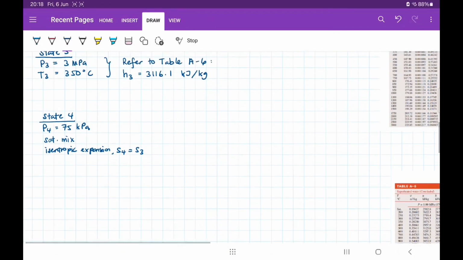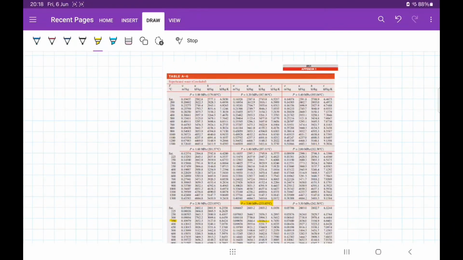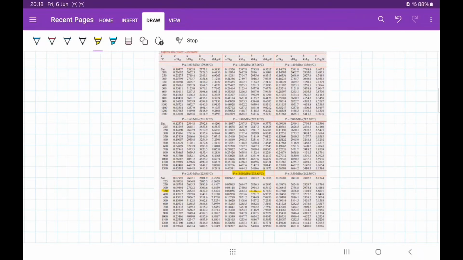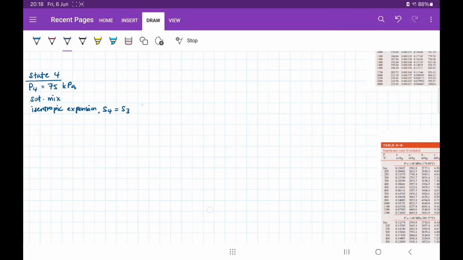So we need to go back to state 3 and find its entropy. The entropy is this one, 6.7450 kilojoule per kilogram Kelvin.